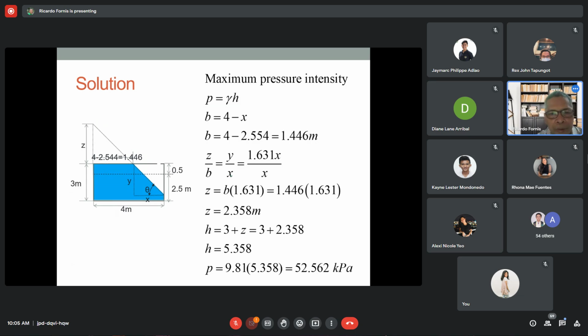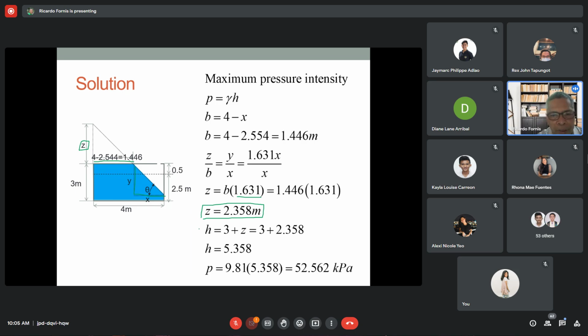Then z over b would be equal to y over x. Y is 1.631x, divided by x. So z equals b times 1.631, where the value of b is 1.446, meaning the z value is 2.358.